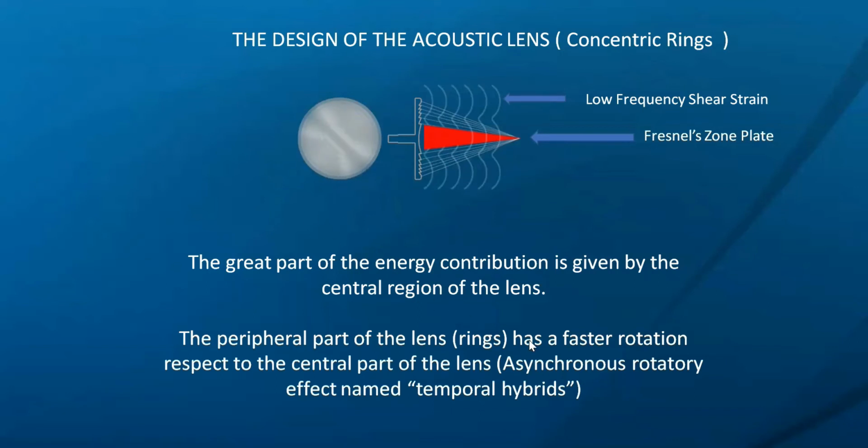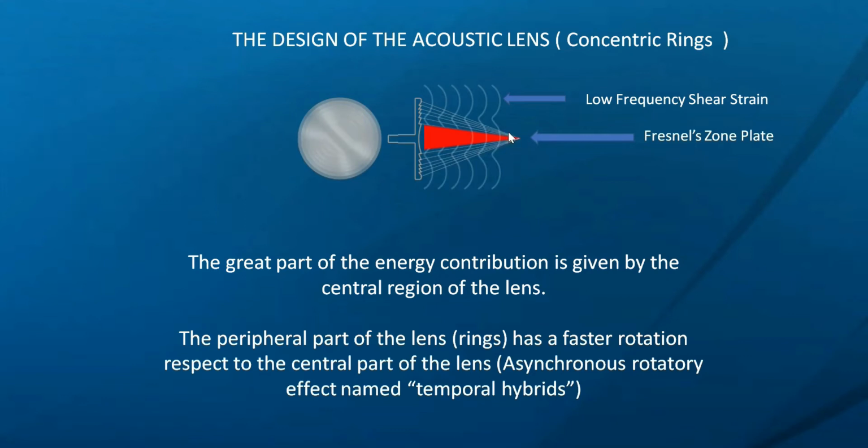The peripheral part has a faster rotation with respect to the central part, and this gives a sort of asynchronism because of the movement of the lens in the peripheral rather than the central part. And this is the physical explanation of why the patients have no pain in the focus.